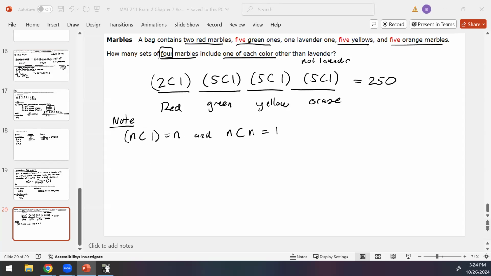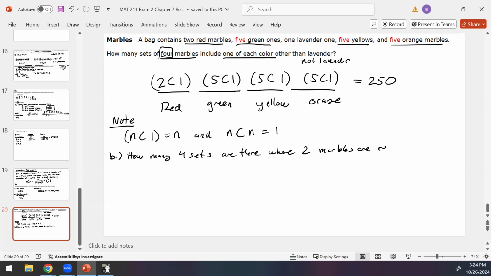Okay, following up on this problem. How many combinations, or how many ways, or how many 4-sets are there where 2 marbles are red? Okay, so 2 marbles are red.